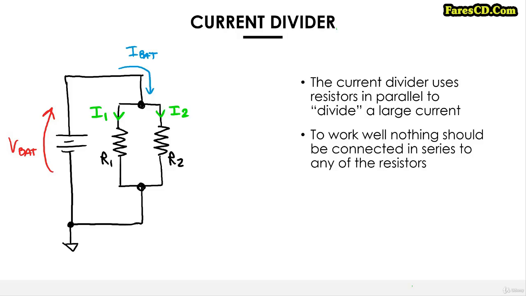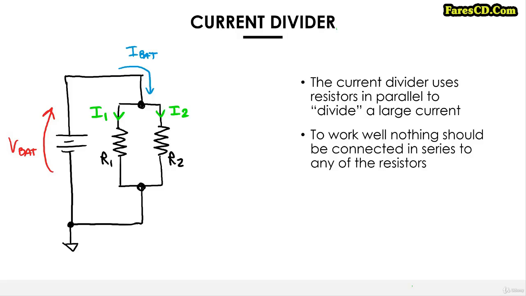The goal of this lesson is to determine the value of I1 and I2 relative to IBAT. In other words, we want to determine how the current IBAT divides between the two nets of the circuit. R1 and R2 are in parallel, and we know the value of the voltage across them, VBAT.